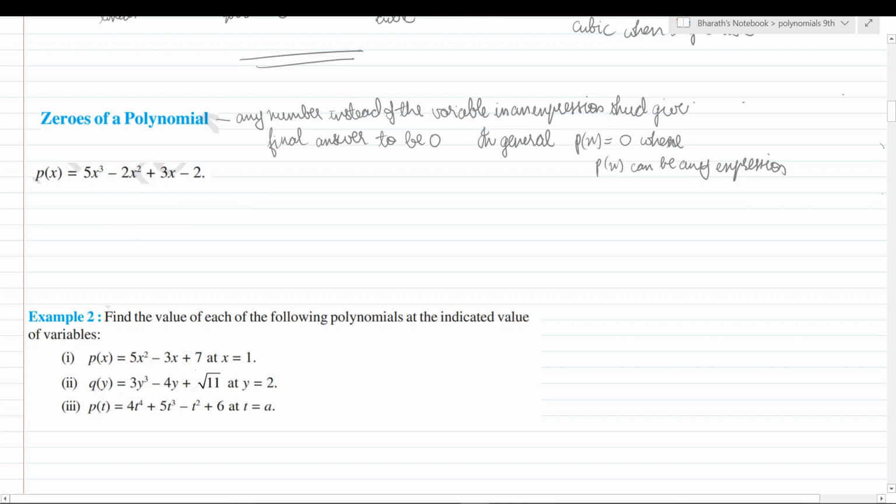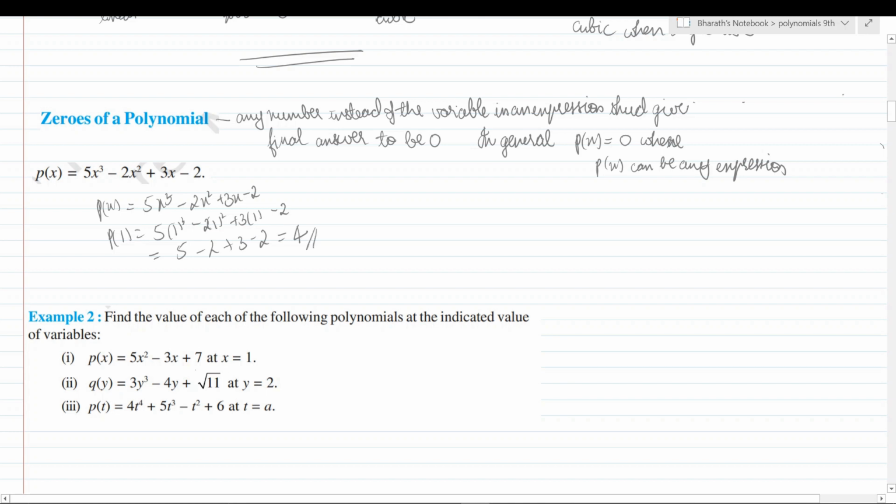So here they just made p of x equal to 5x cubed minus 2x squared plus 3x minus 2. They simply substituted p of 1 to be 5 into 1 cubed minus 2 into 1 squared plus 3 into 1 minus 2, which finally gave us 5 minus 2 plus 3 minus 2 is equal to 4.